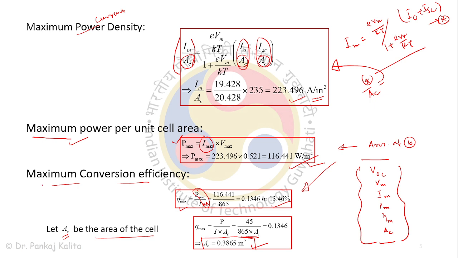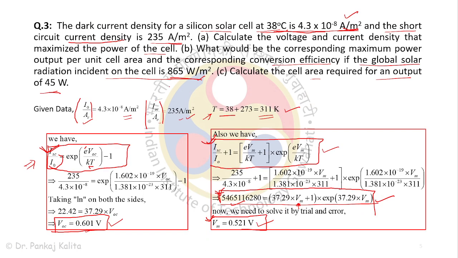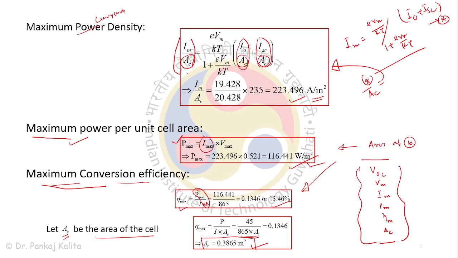And for maximum conversion efficiency, we already know the input intensity, right? It's 865 watt per meter square. So that is your input power, and your Pmax is already given in terms of density, watt per meter square. So we can divide both these parameters to get your maximum conversion efficiency, which will be equal to 13.46%.